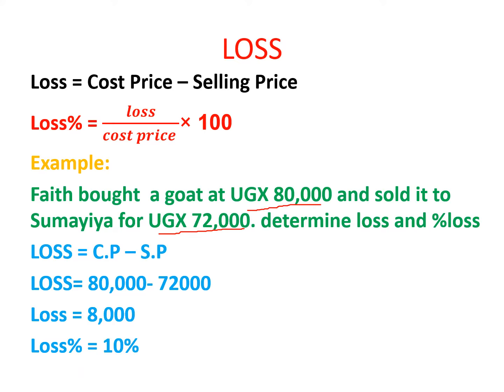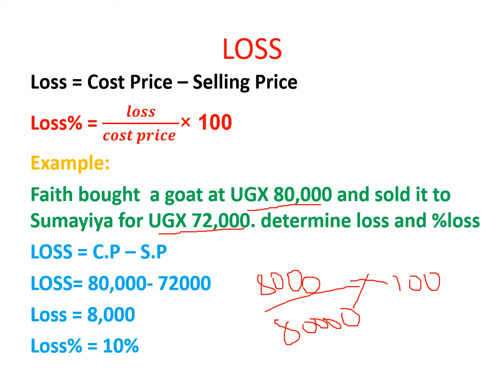And then for the percentage loss, we say that loss, which is 8,000, is divided by the cost price, that is 80,000, then times 100. So that's how we can find percentage loss.